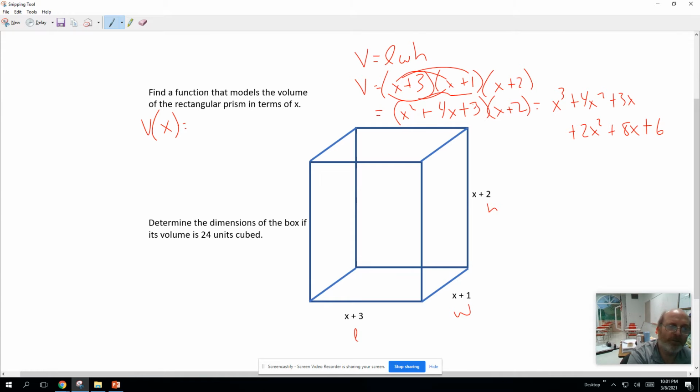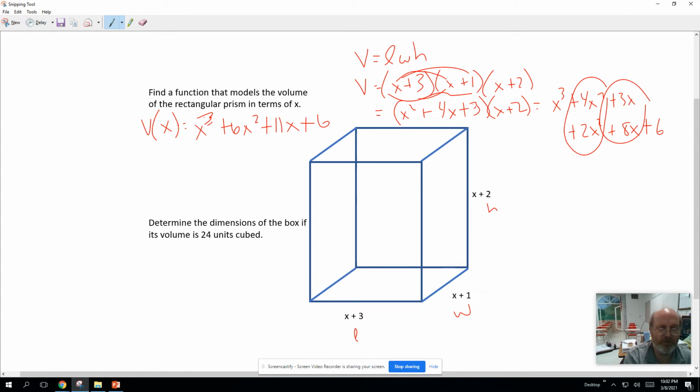So our volume function then is x cubed plus 6x squared plus 11x plus 6. And that's the volume function in terms of x that represents the volume of this rectangular prism.